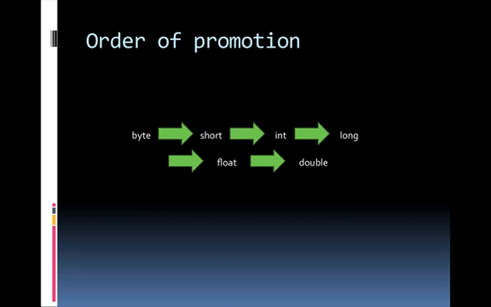Same thing with a float and a double. While they're both decimal numbers, the float is the smaller, less precise value. The double is the larger, more precise value. So the float will be promoted up to the double. This gets a little bit confusing.